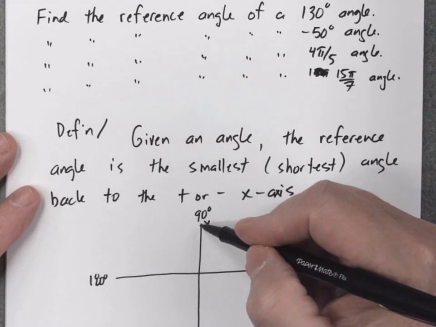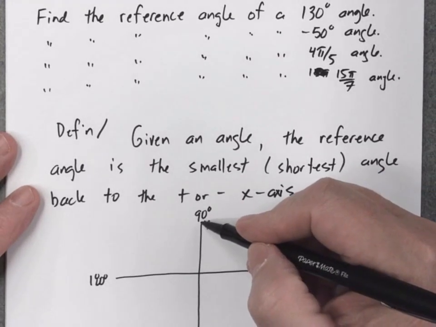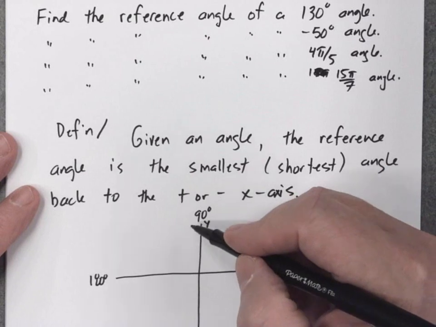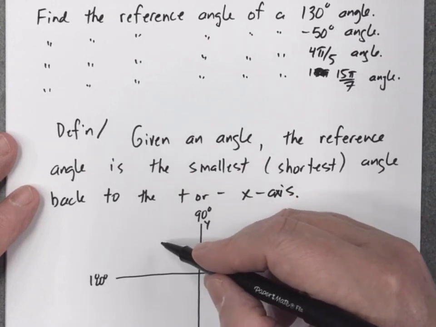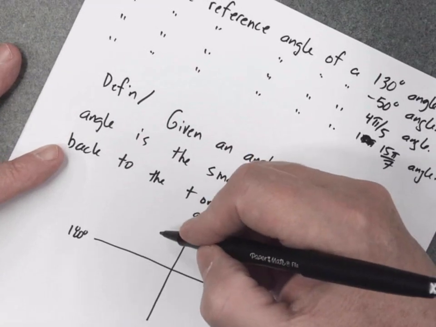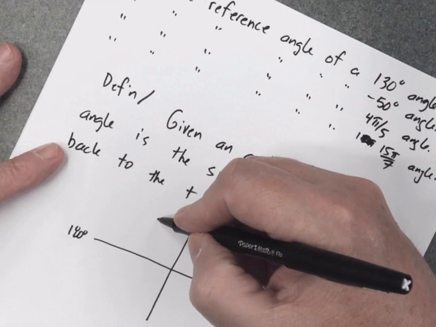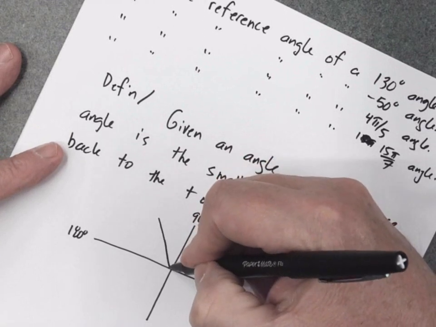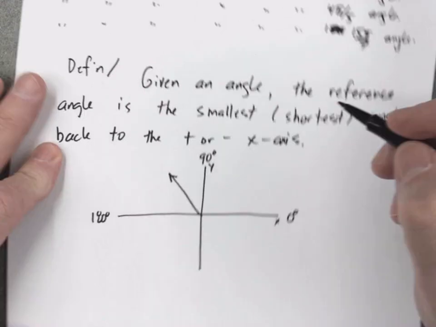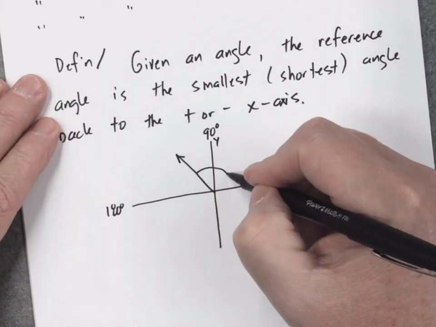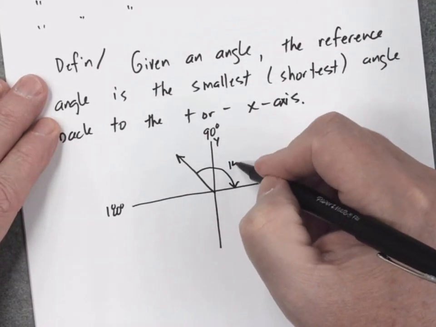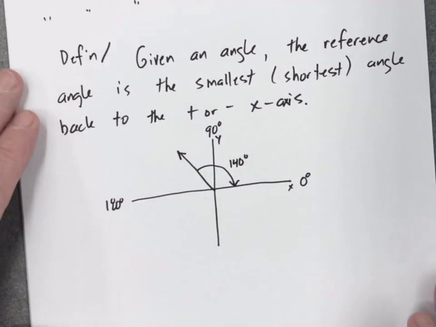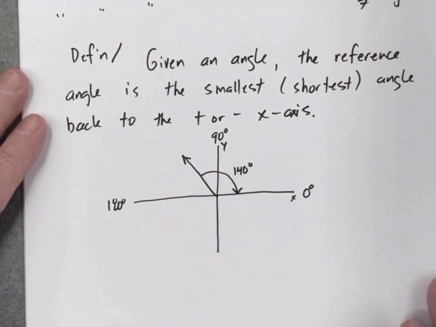So if 90 is here, I need to go 40 degrees past this. As an estimate, maybe that's a reasonable estimate of a 130-degree angle.